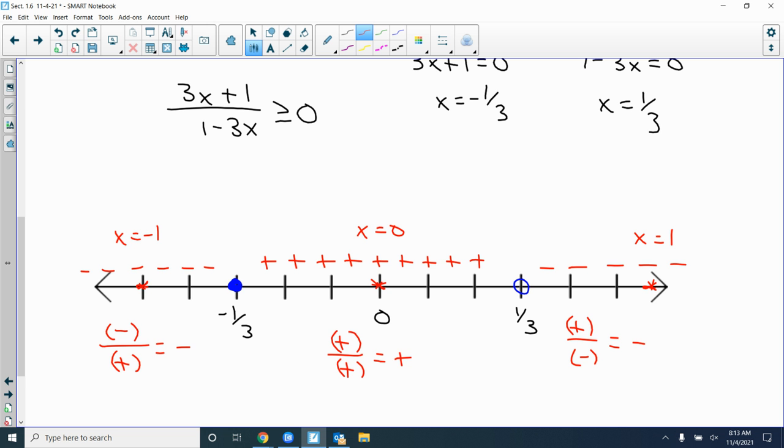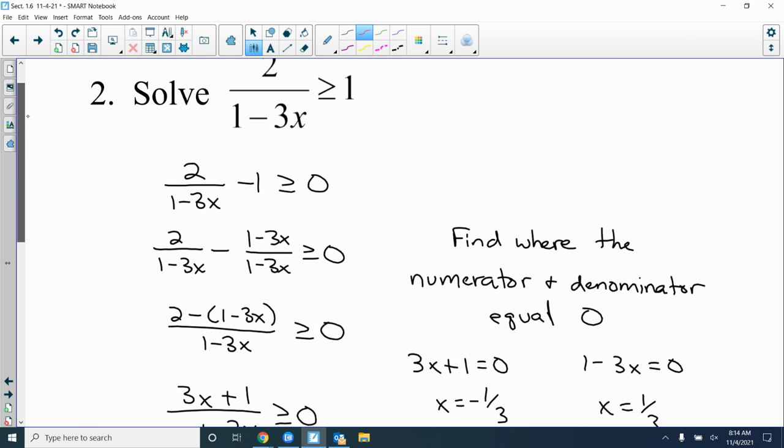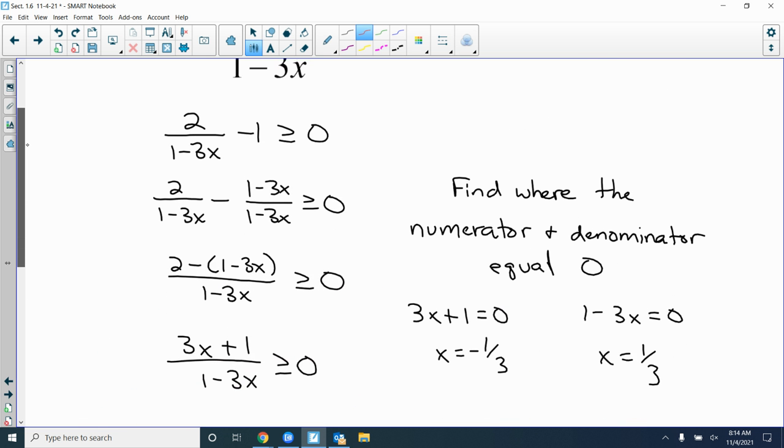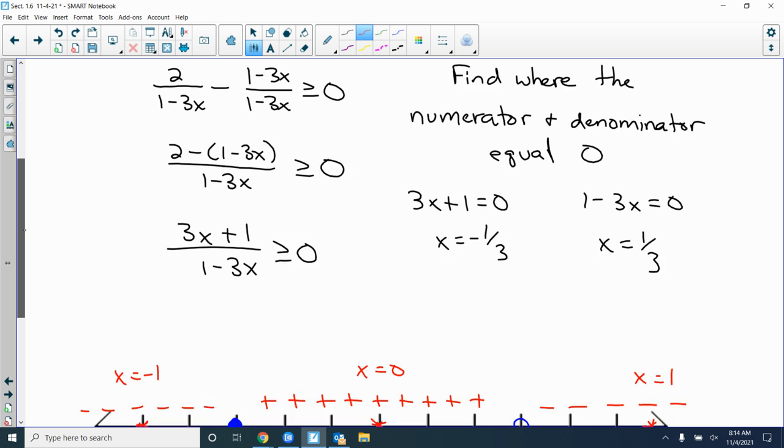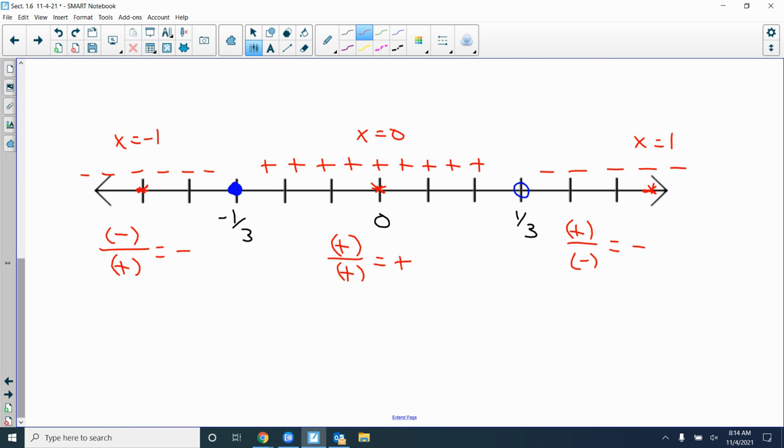Now, I did say that most of these will alternate, not every one of them. I know all our examples have, but don't automatically assume that. We want greater than or equal to 0. The only spot that's going to work is in between negative 1/3 and 1/3, but it cannot equal positive 1/3.